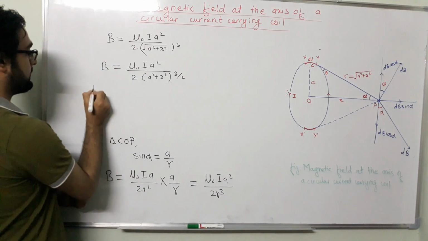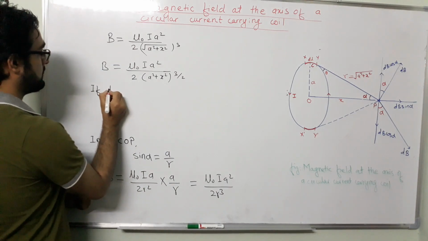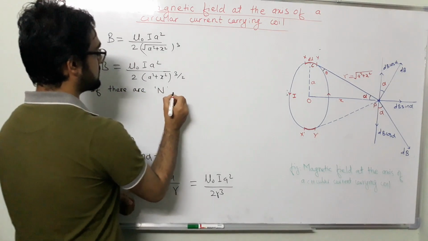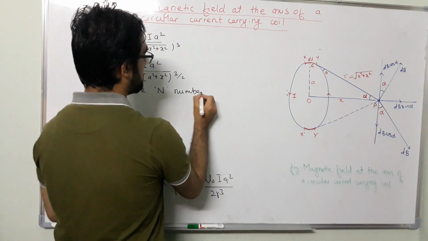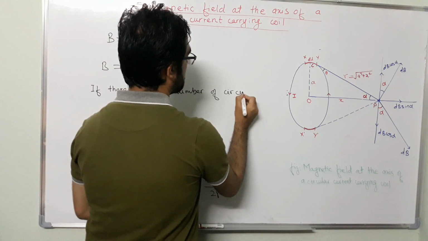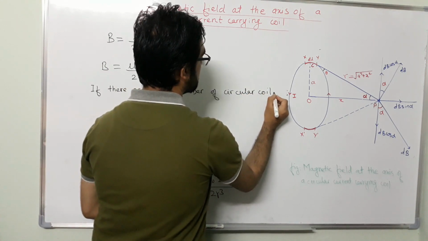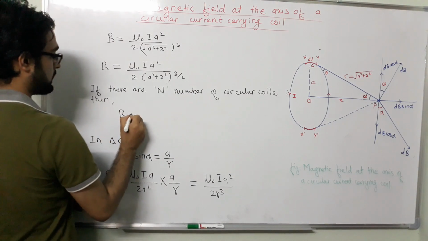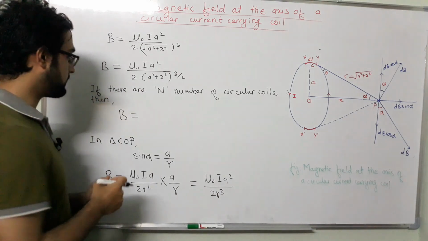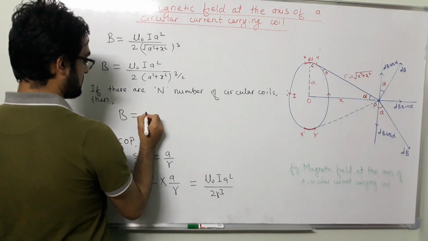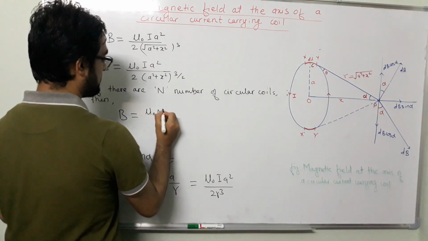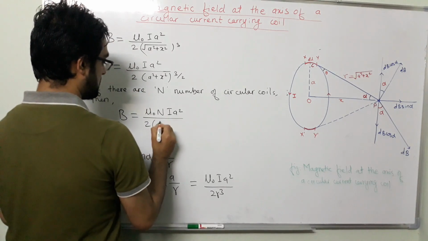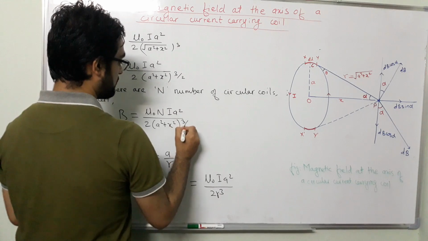Then if there are n number of circular coils, this becomes equal to B is equal to, we just have to multiply by the number of coils, then mu naught n I a square divided by 2 a square plus x square to the power 3 by 2.